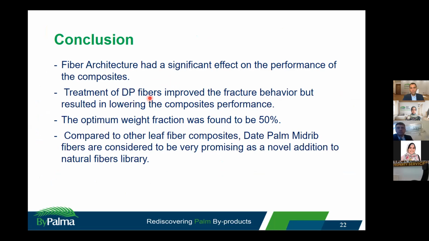Regarding the treatment of the date palm fibers, as I have mentioned, it improved the fracture behavior by eliminating the fiber pull out and enhancing the interfacial bonding. But it has lowered the mechanical performance of the composites, and this is still under investigation. This could be due to the fiber degradation.